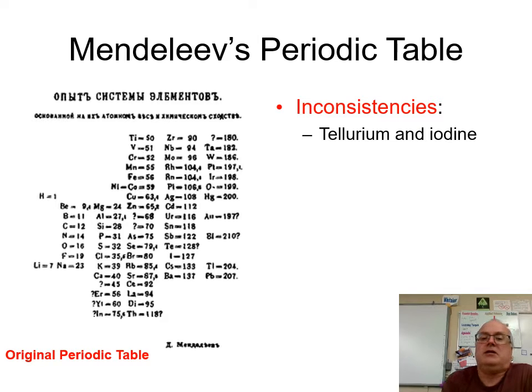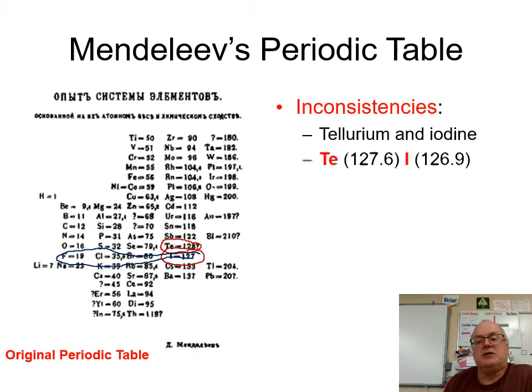One of the things that he noticed was that beryllium and iodine tended to be out of place. Beryllium is found right here with a weight of 128, and iodine was a weight of 127. But what he noticed was that iodine behaved very similarly to these elements here called fluorine, chlorine, bromine.